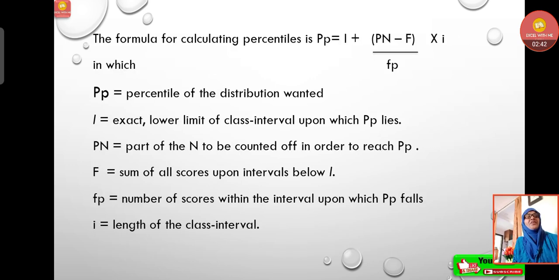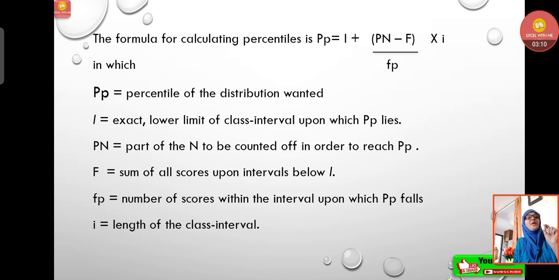The formula for calculating percentiles is capital P with the small p, that is percentile, equal to small l plus Pn minus F upon Fp multiplied by i. Let's see what these denote. Pp is the percentile of the distribution wanted. l is the exact lower limit of the class interval upon which Pp lies.